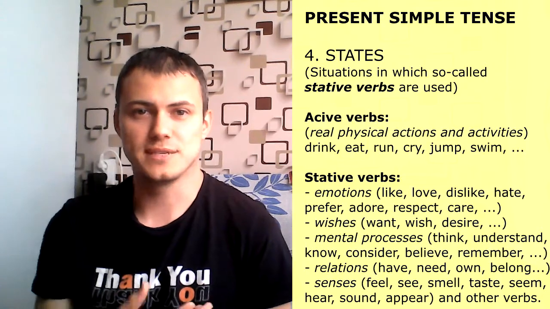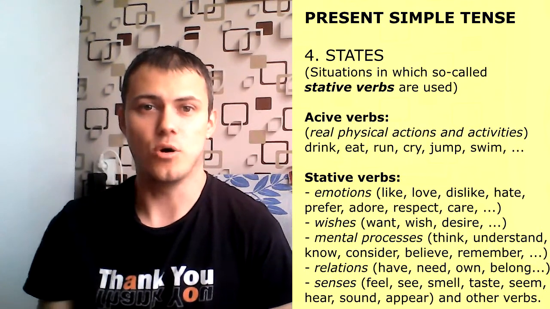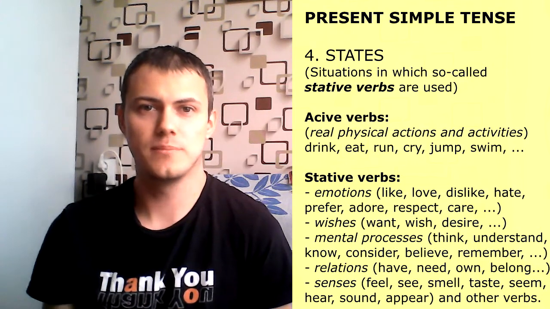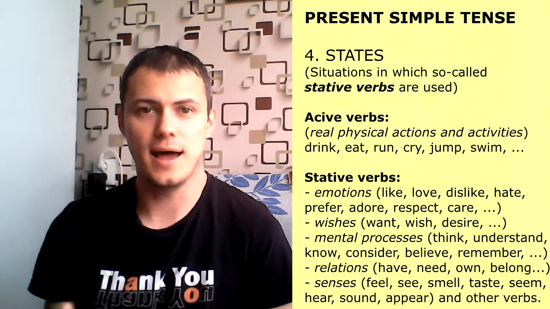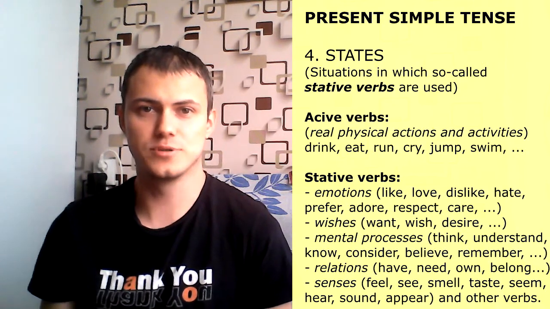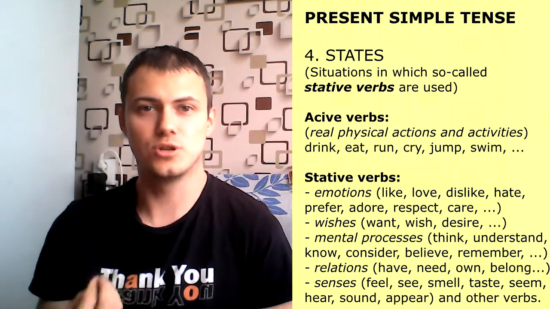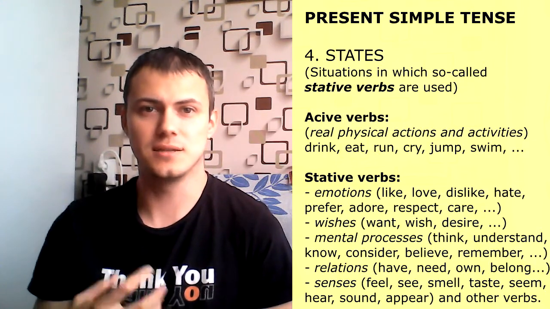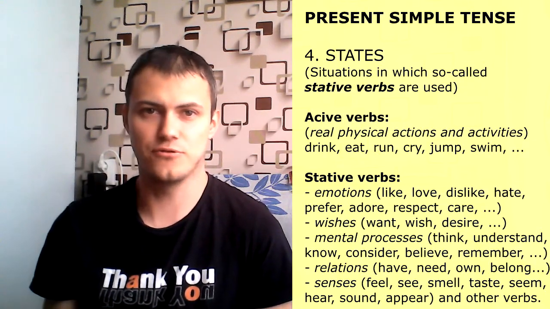Verbs of possession or relations are also stative verbs. For example, have, own, possess, belong, and others. So there are many stative verbs, and we don't normally use the stative verbs in continuous or progressive form.